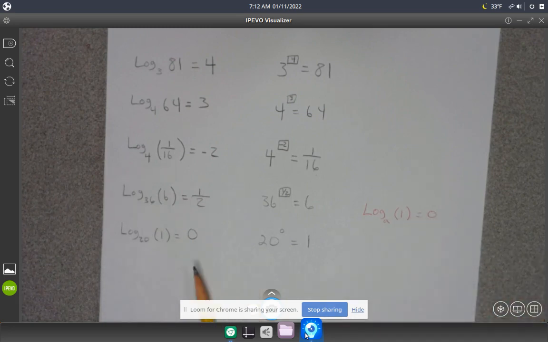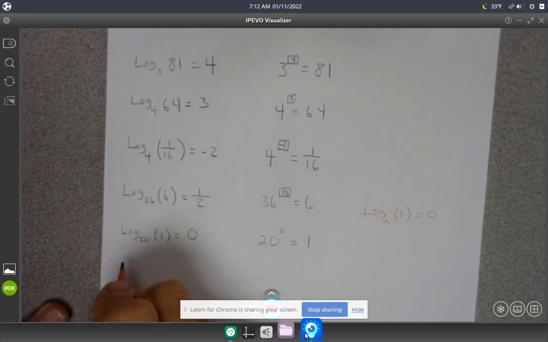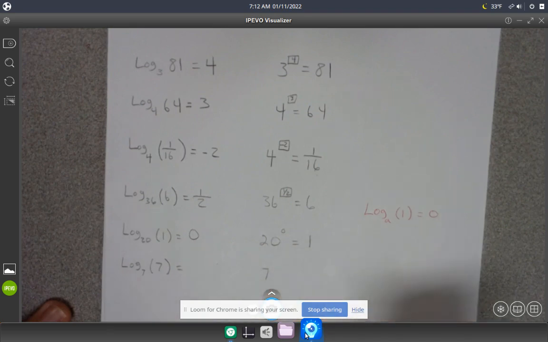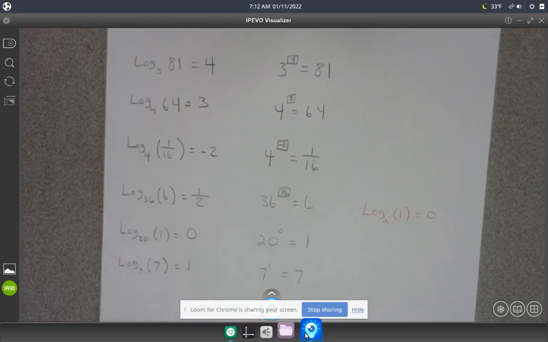Another one that's kind of special is log base 7 of the number 7. This is asking, what power do I have to raise 7 to in order to get 7 back as my answer? This would be the first power. So log base 7 of 7 is 1.